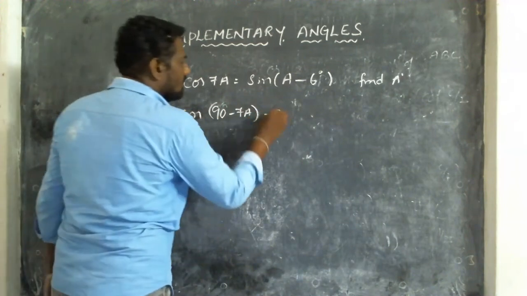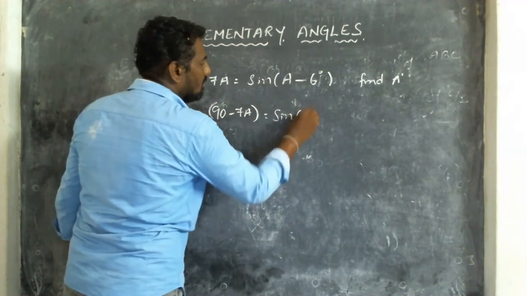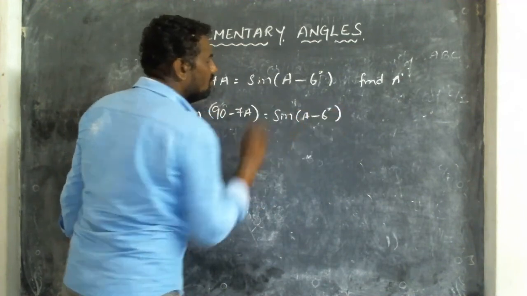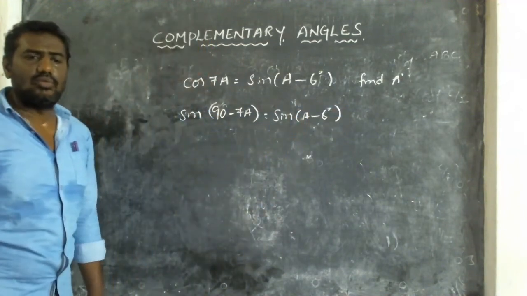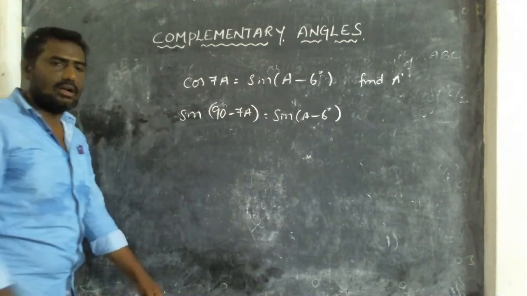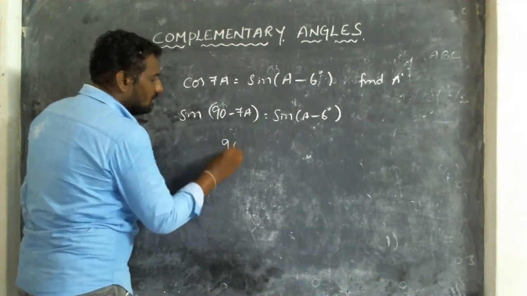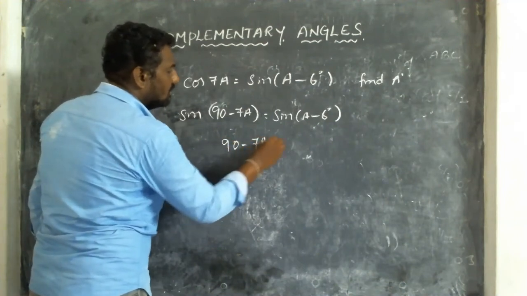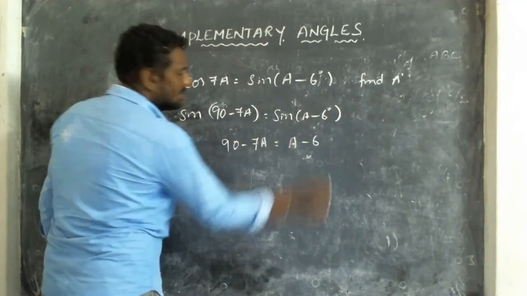And next here, sin of A minus 6 degree. Both sides sin is there. When the same trigonometric ratio is on both sides, we should not cancel, just compare. On comparison, what can we write? 90 minus 7A equal to A minus 6.